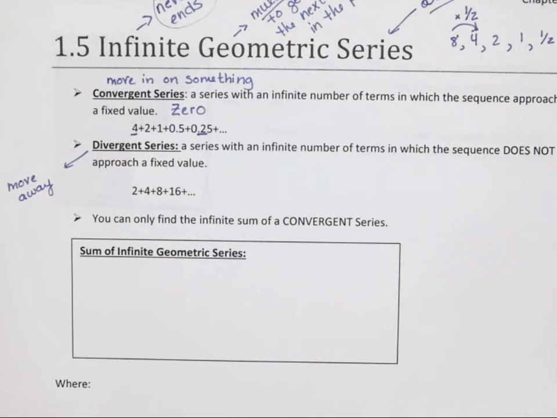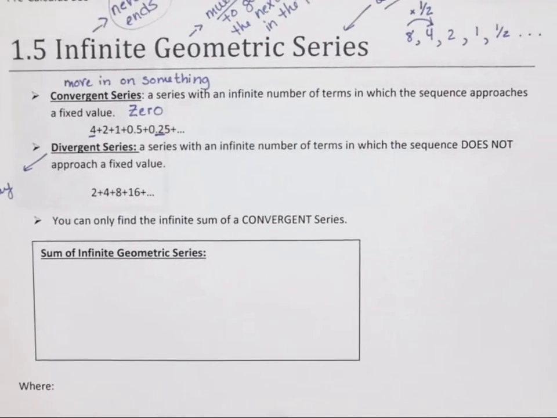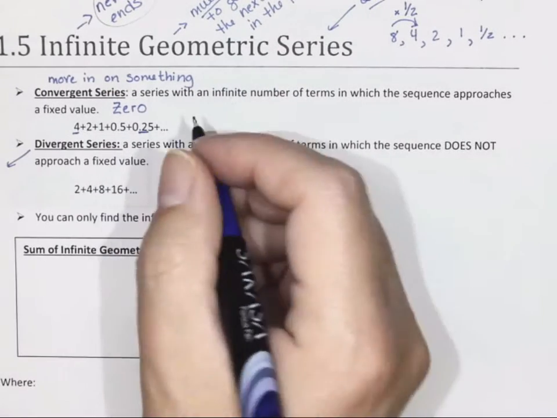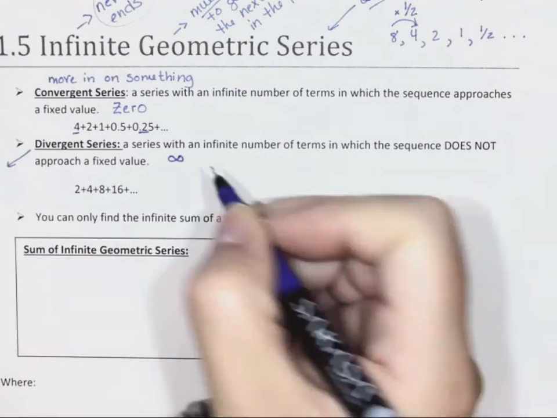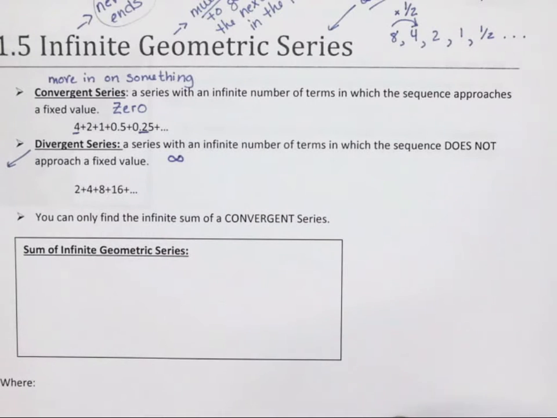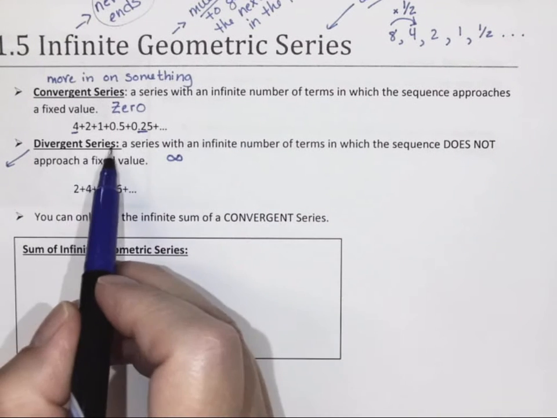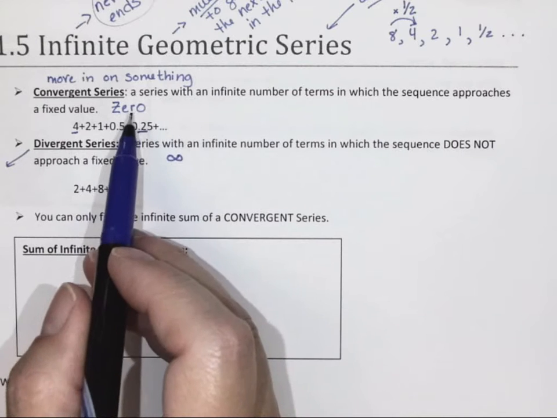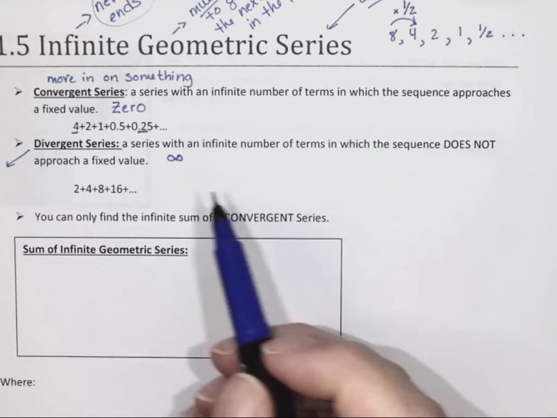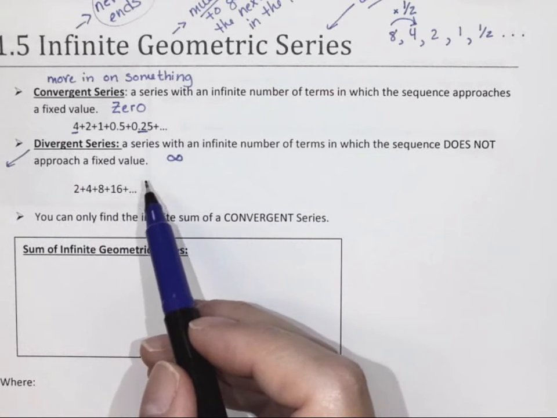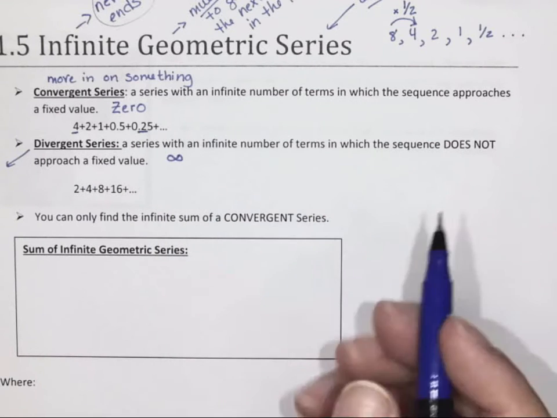So if you are diverging, you're moving away. It does not approach a fixed value. What it's actually headed towards is the idea of infinity. Now remember that infinity is not an actual number, it's a concept. So you're diverging, getting away from your fixed value of 0 and going towards a concept. These numbers are going to continue to get bigger and bigger as they go along.